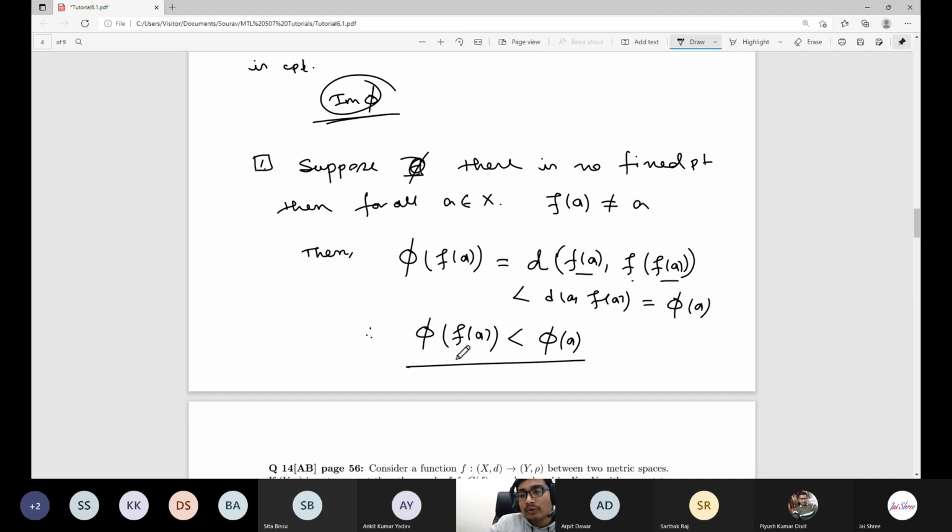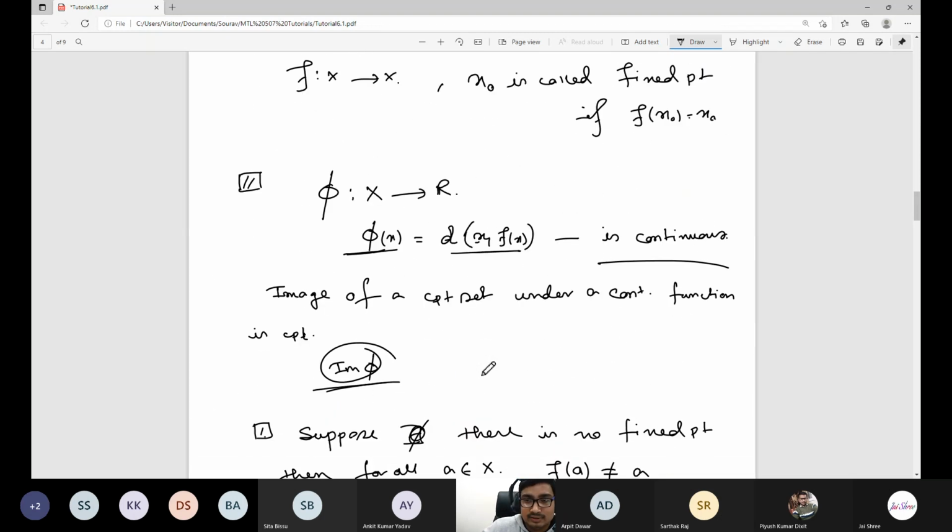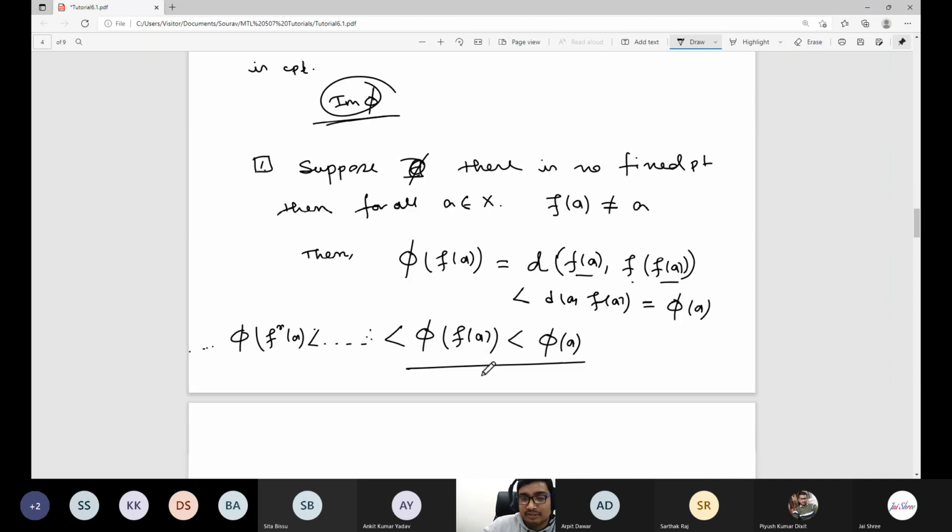So could we get a minimum element here? We can apply phi of f power n of a and so on, and this keeps decreasing. So this set does not have a minimum element, which is a contradiction.